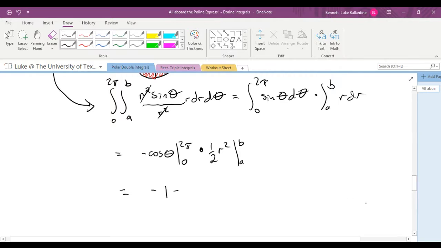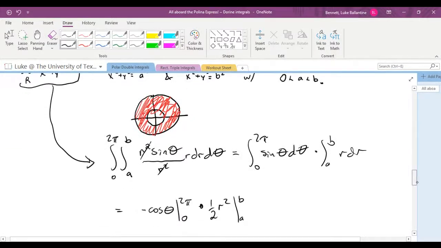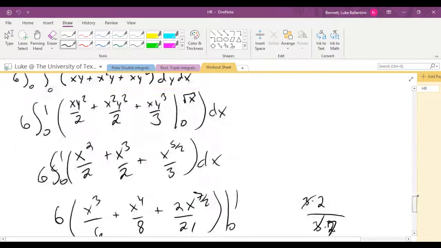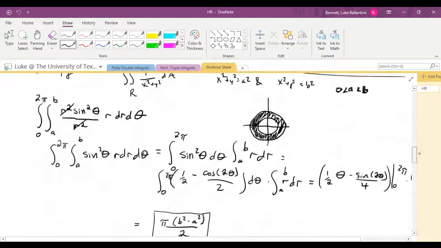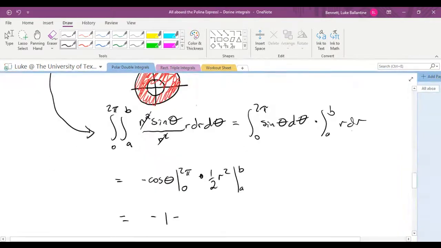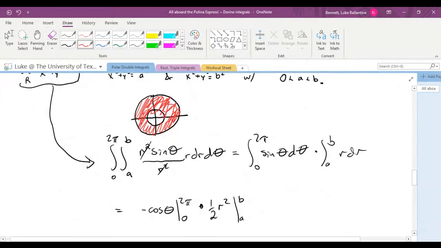It's not looking right to me. Sine squared, that's it. This is sine squared.